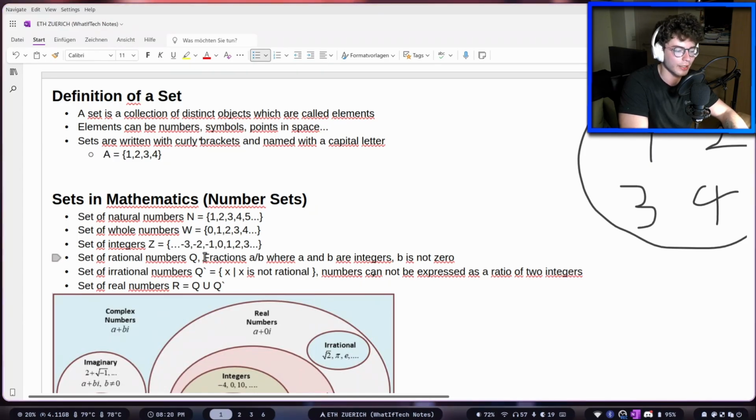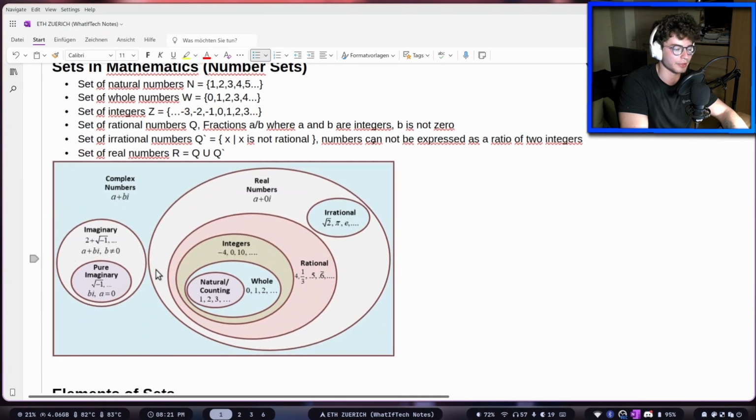Rational numbers include fractions. These are numbers that can be described as a fraction of two integers, a and b. b is not allowed to be 0 because you can't divide through 0. Irrational numbers are all the numbers that cannot be expressed as a ratio of two integers. And the real numbers combine rational and irrational numbers.